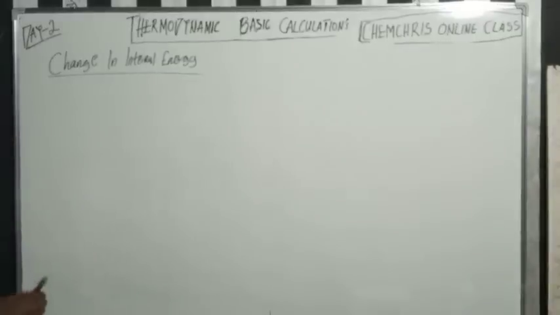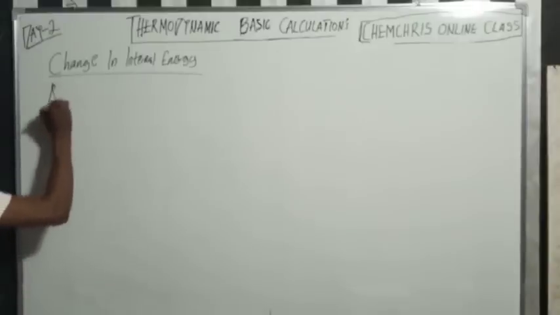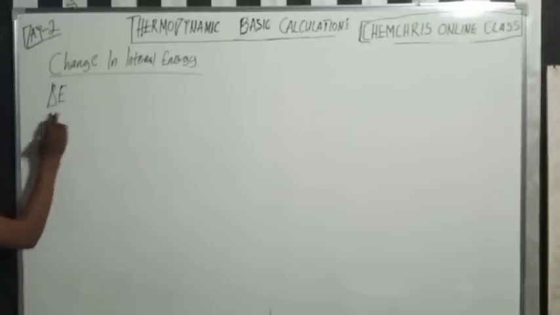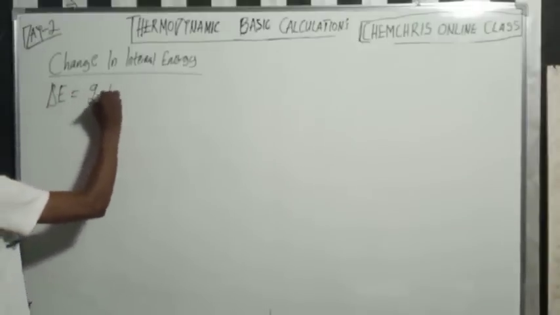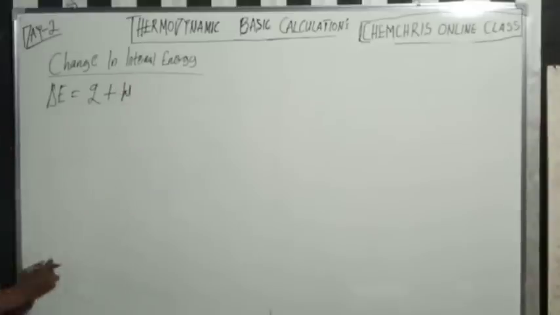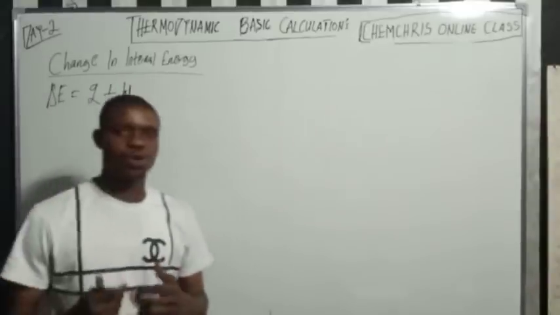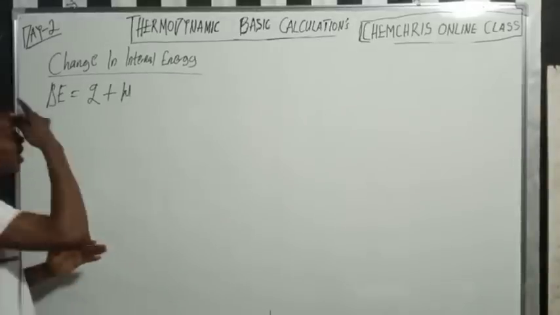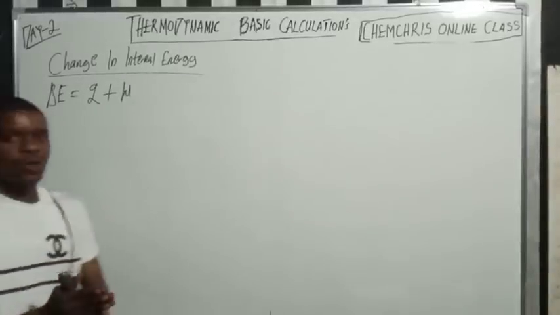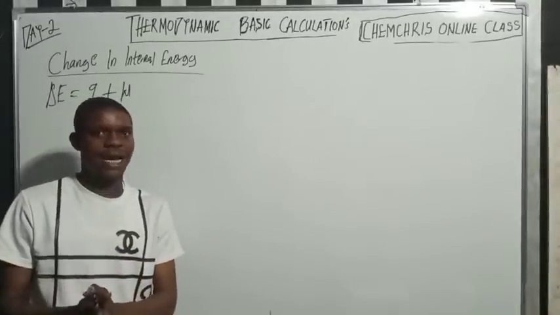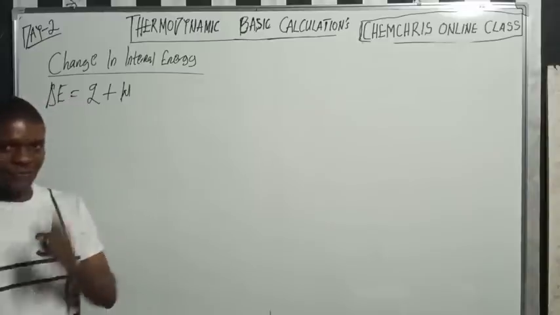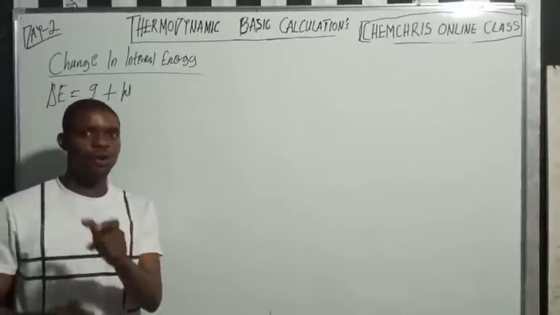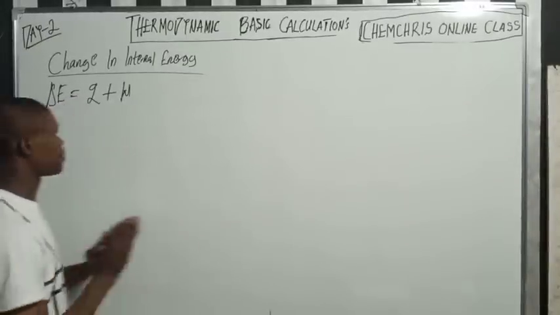When you talk about change in internal energy, delta E is equal to Q plus W. Now this is one of the most confusing aspects of thermodynamics calculation, because sometimes you see it as minus, sometimes negative, positive. I have to clarify that in this video, so make sure you follow me through.